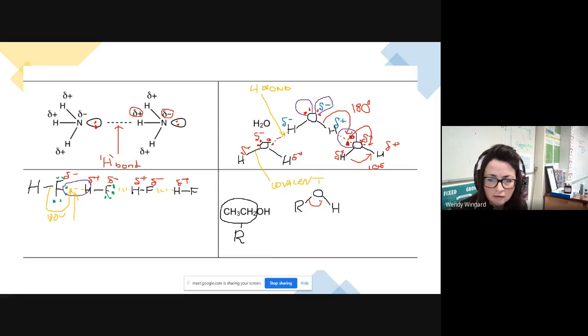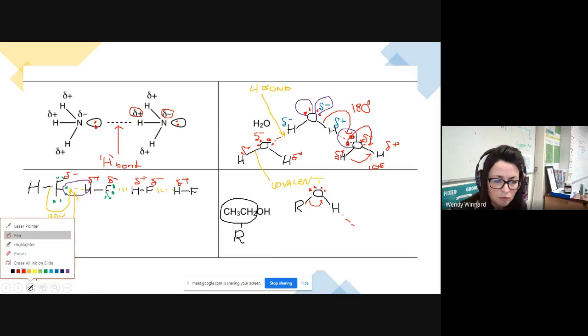Why? Because there's 2 lone pairs on the oxygen. So it's identical to the hydrogen bonding in water, but we've got this instead of a hydrogen.